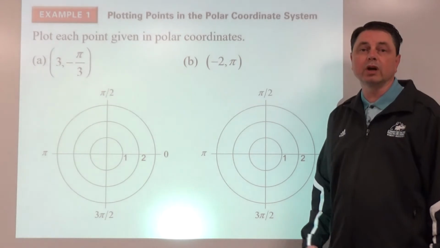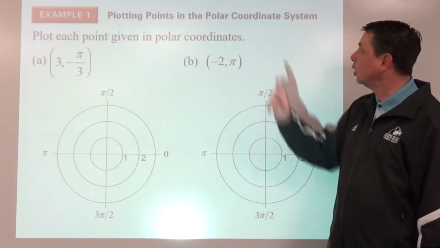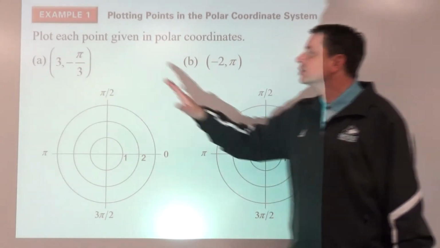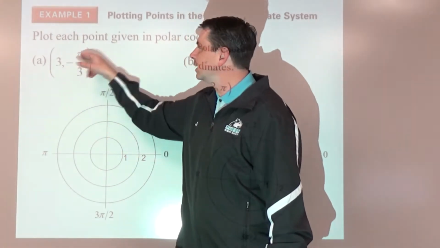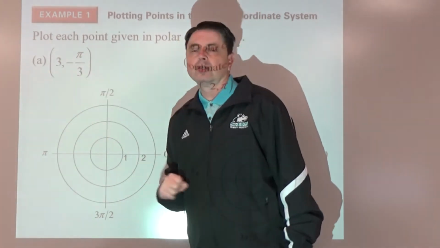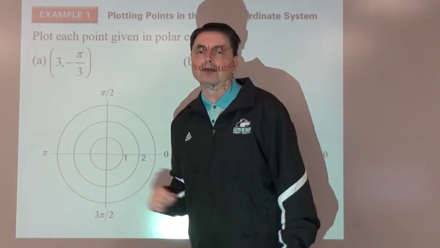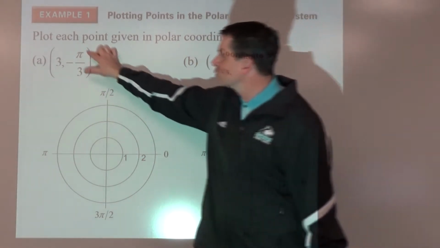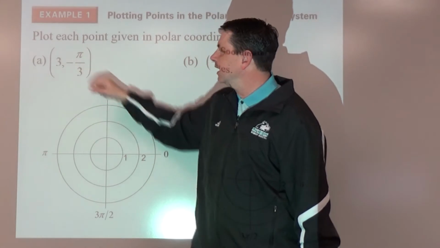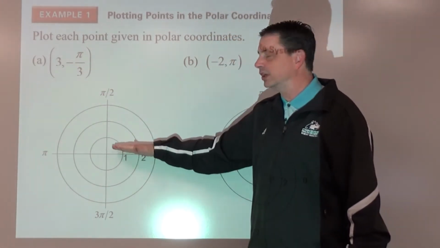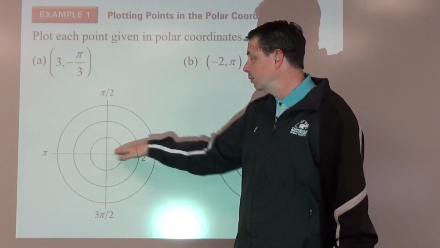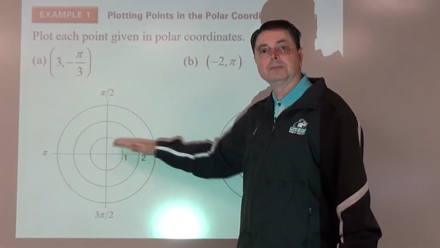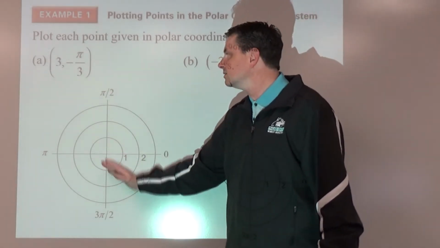Example number 1, we're going to plot points in the polar coordinate system, starting with the point 3 comma negative pi over 3. 3 is the r, negative pi over 3 is the theta. You want to start with the theta, so we're going to start there and think of the angle negative pi over 3. So we're going to rotate from our polar axis clockwise.